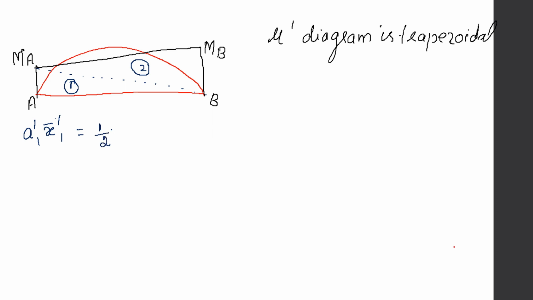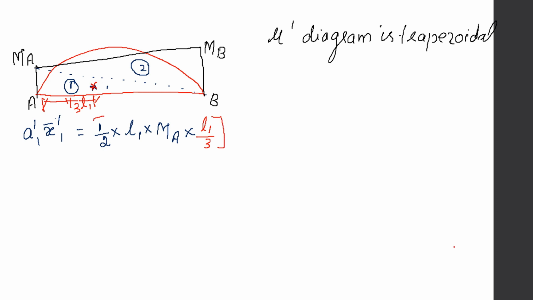It is half into base, base is AB, the distance is L1, into height, height is MA, multiplied by X1 dash, the distance of center of gravity of this triangle. This may be the center of gravity, and this distance is 1 by 3 of L1. So we get L1 by 3, that is X1 dash.